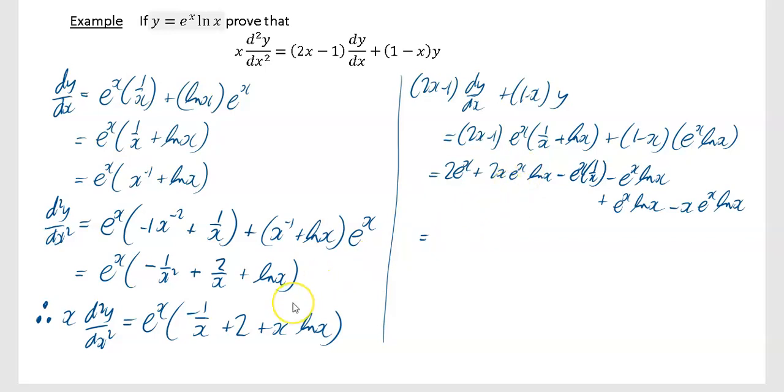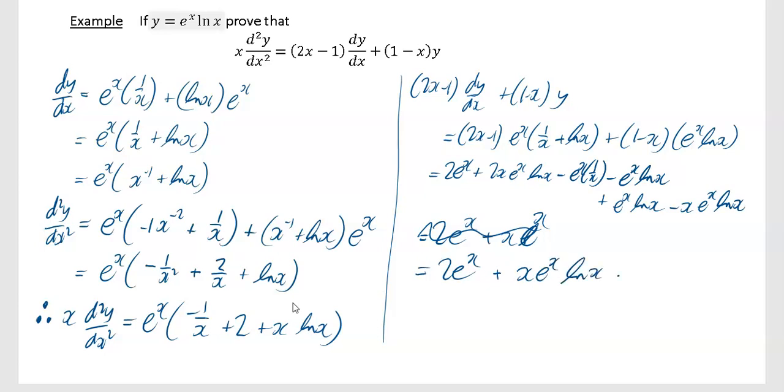So what I'm left with, I will be tidying this up again, don't worry. I'll have 2x plus x. Sorry, that should have been an e to the x. I'll tidy it up properly in the notes. That's going to be 2e to the x plus x e to the x ln x.